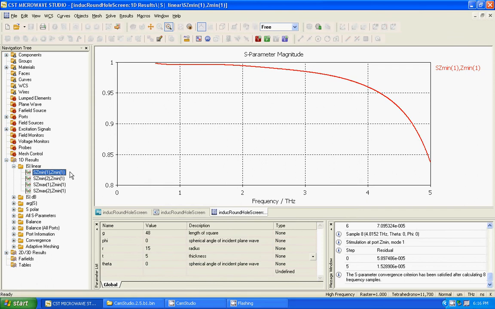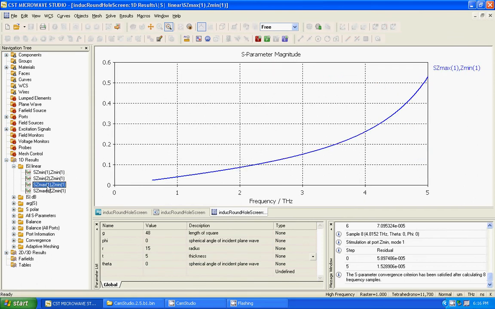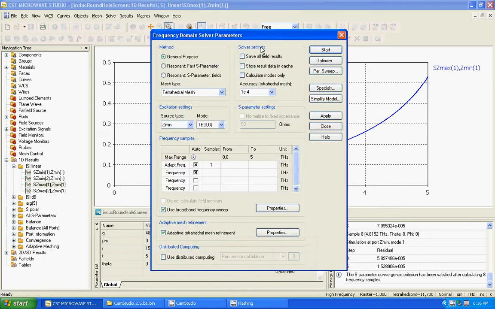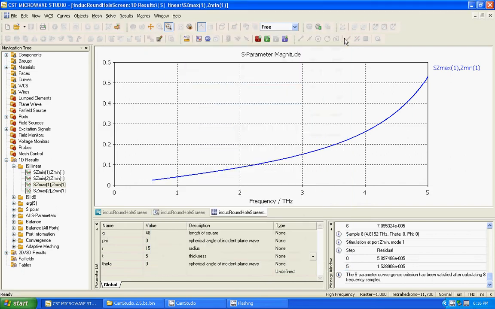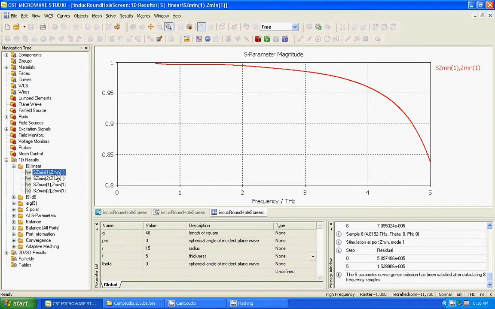That stands for TE. Because if you remember, back when we did this whole frequency domain solver settings, we set the mode up for TE, right? Well, you have to remember what mode you ran it in when you're looking at the output, because if you run it in TE, then you need to look for the 1, 1. That's the output that you're looking for.